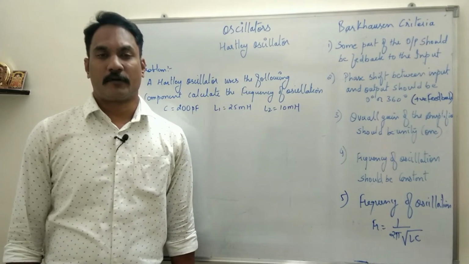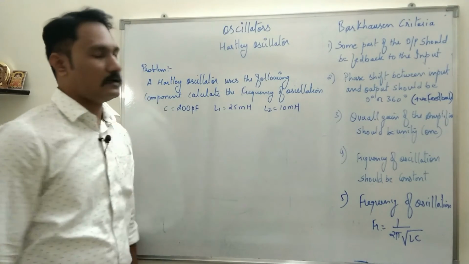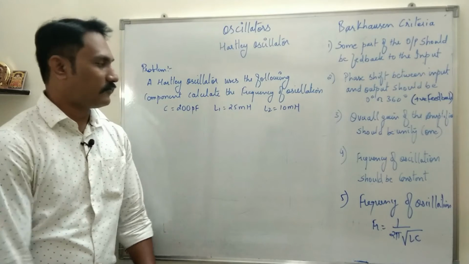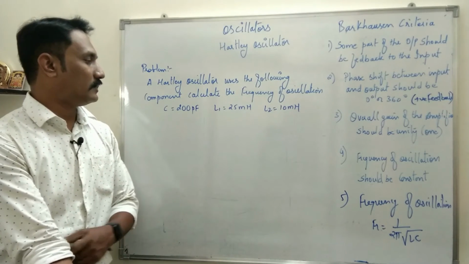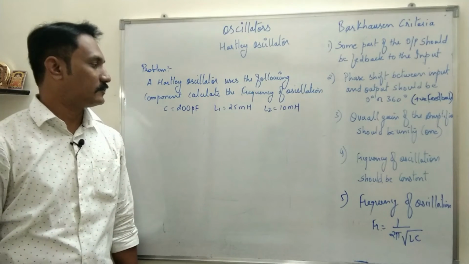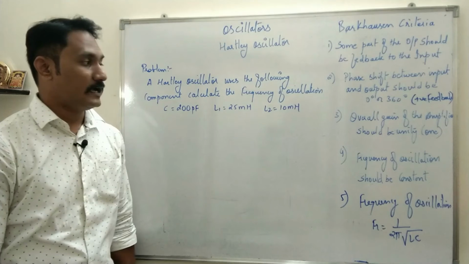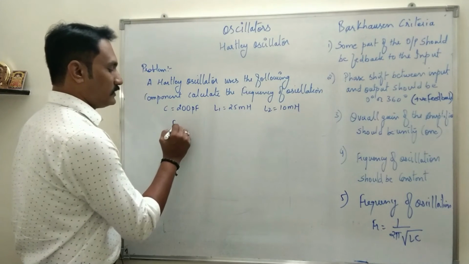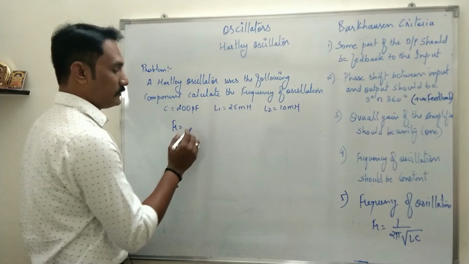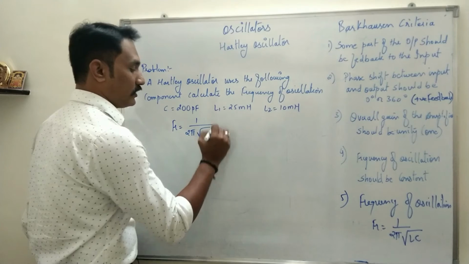Next, let us take one problem based on the Hartley oscillator. The problem statement will be like this. A Hartley oscillator uses the following components. Calculate the frequency of oscillation when the component values are C equal to 200 picofarad, L1 is 25 millihenry and L2 is 10 millihenry. Now, first of all, what is the formula for frequency of oscillation? It is 1 upon 2 pi under root of LC.